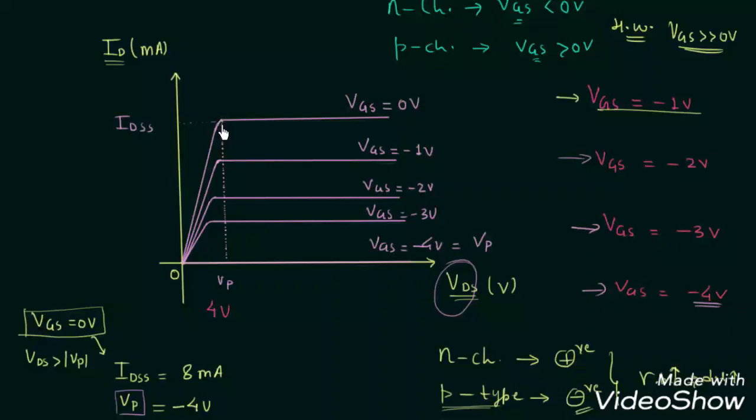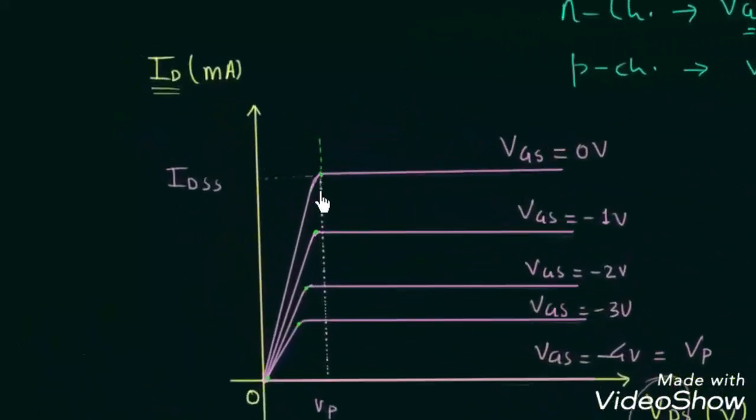This is the first pinch off voltage, this is the second, this one is the third, the fourth, and this is the fifth pinch off voltage. And if you join these points, you will have the locus of pinch off voltages. This one is the locus of pinch off voltages.